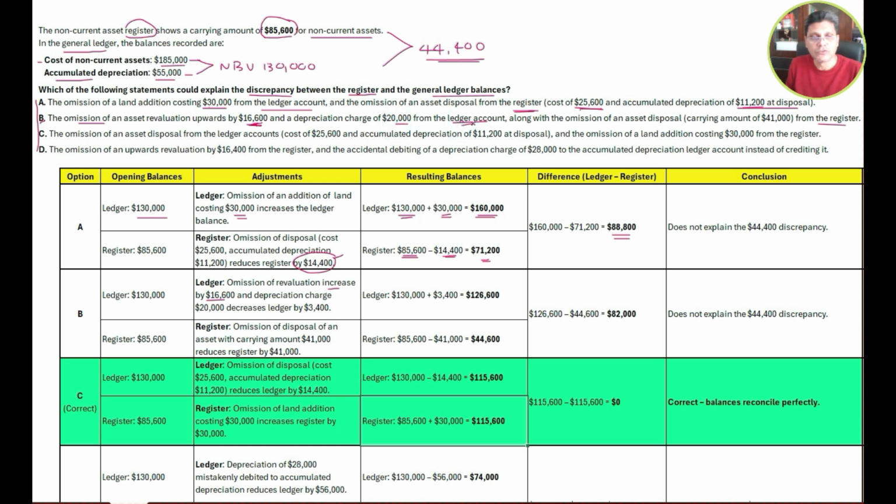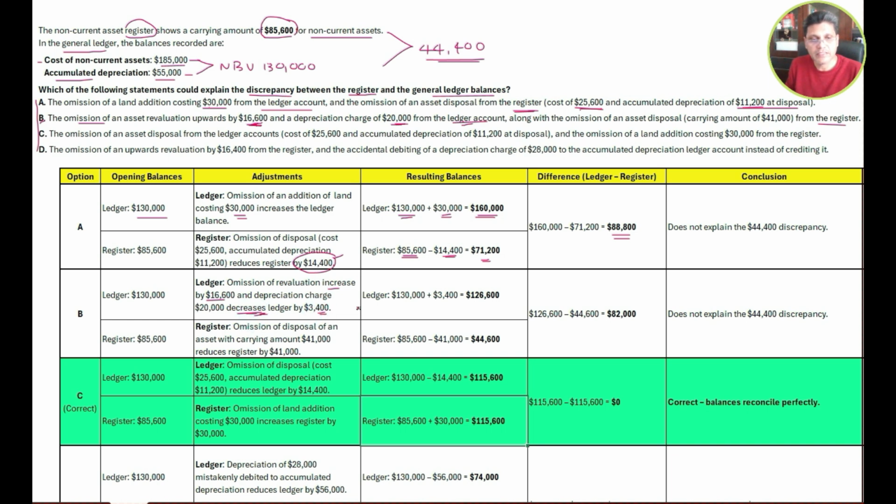And the depreciation charge of 20,000 was also omitted from the ledger. So which means the depreciation charge should be deducted. It will decrease the ledger balance because the depreciation was omitted from the ledger balance. So therefore the asset value was overstated, and in order to correct this we need to deduct it. However, when you take the net difference of these two, the net difference is 3,400.